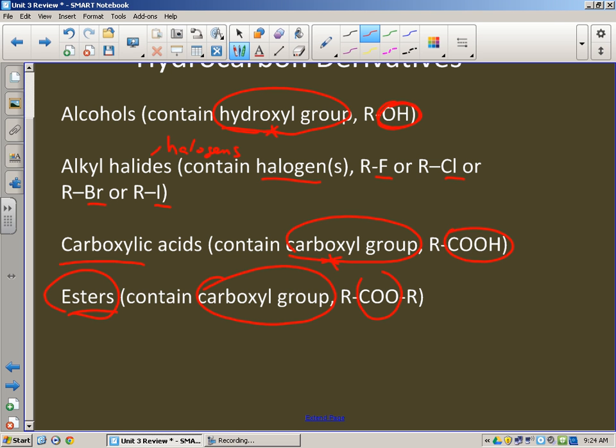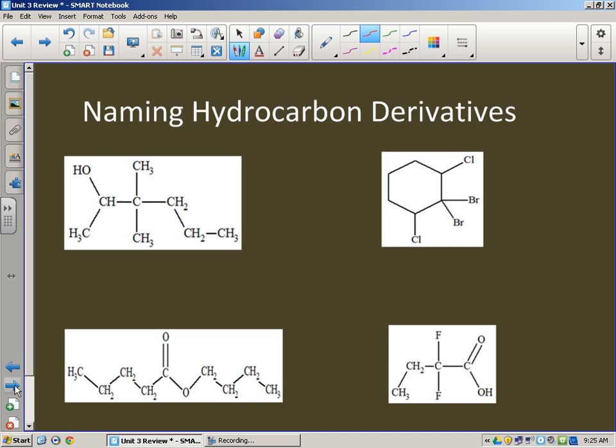So we still got this, in fact we should probably put an R prime there perhaps. We still got that C double bond O, but it's linked to a different chain after that. So those are esters. And we'll get to those reactions in a bit here.